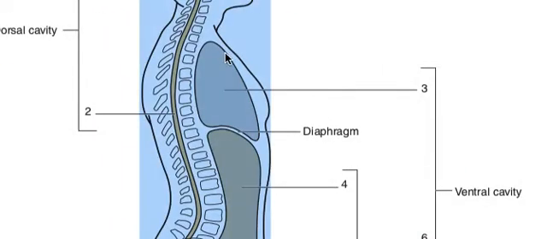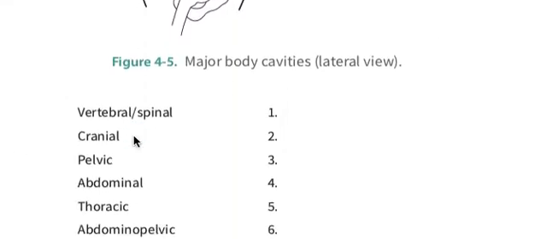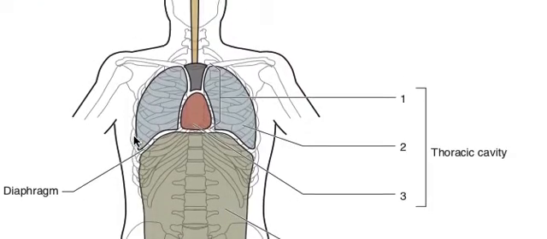All right, so a good place to go with this would be here. We have our parietal and visceral pericardium, and then we have serous membranes that surround the lungs. We have visceral pleura that cling to the lungs, both left and right.